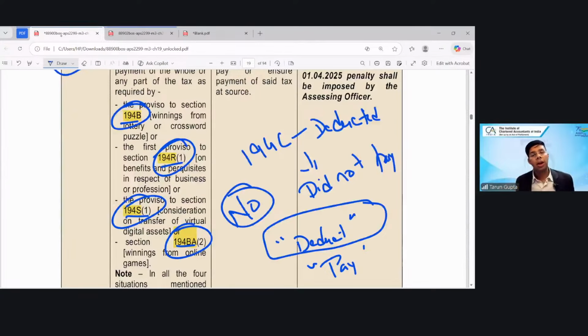The penalty for failure to pay is only for four sections, 194B, R, S, or BA, not 194C. So here, the assessee has correctly deducted the tax, though he had not paid it, so 271C is not applicable. There may be some other consequences, which we will see later, but on the specific question whether 271C can be levied or not, the answer is no.